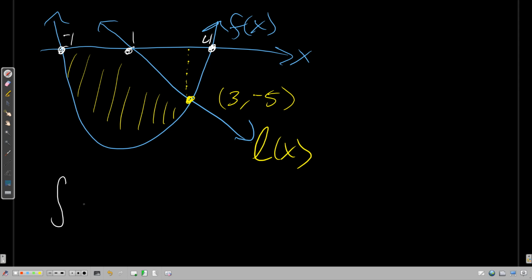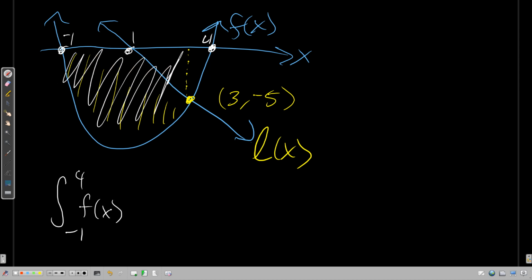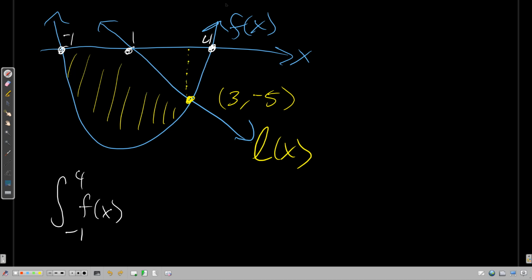Okay, then if I were to integrate from -1 to 4 of f of x, I would get a negative number that represented all of this. So if I stick a minus in front of it, I'll get the signed area.